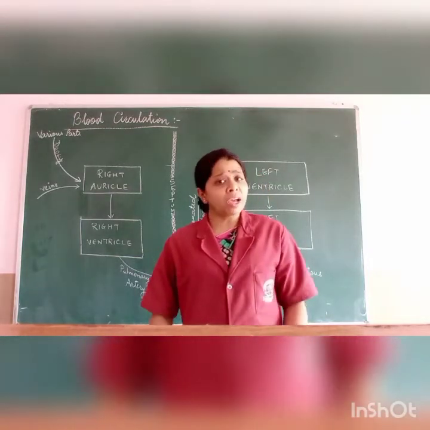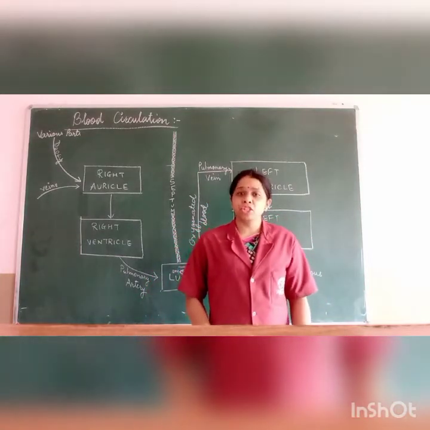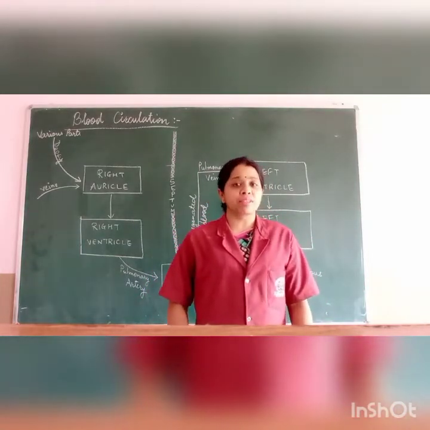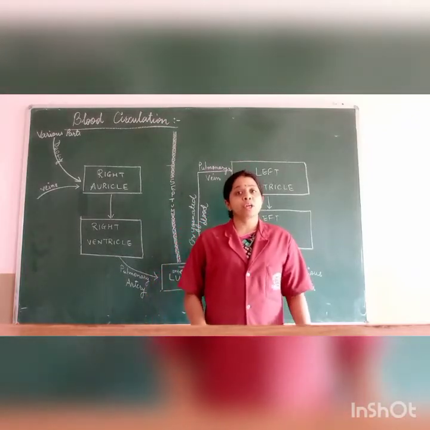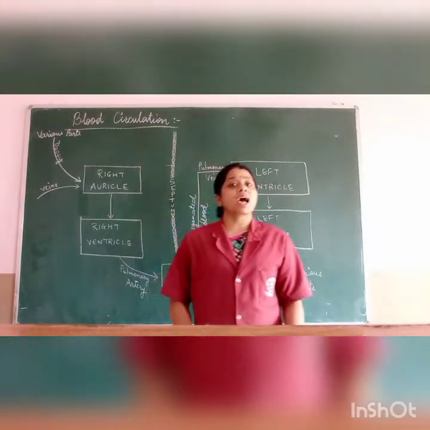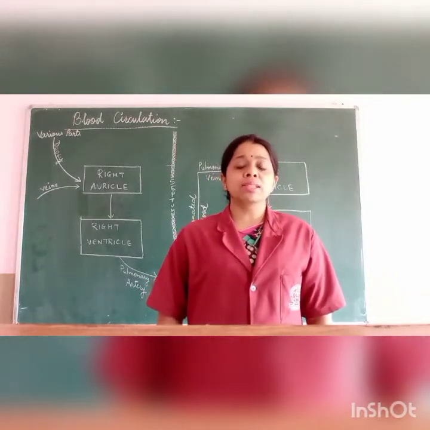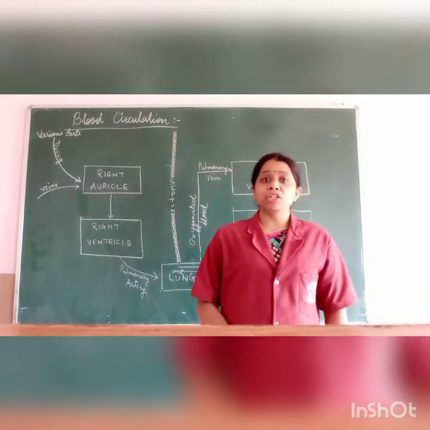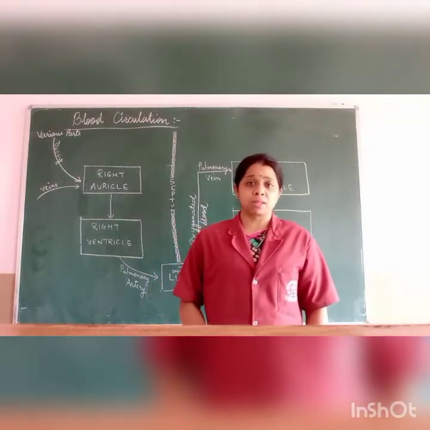Last time I told you about the circulatory system, in which we discussed that there are three parts: blood, blood vessels and the heart. If you remember, I told you about the heart, and the function of the heart is to pump the blood to all the body parts.